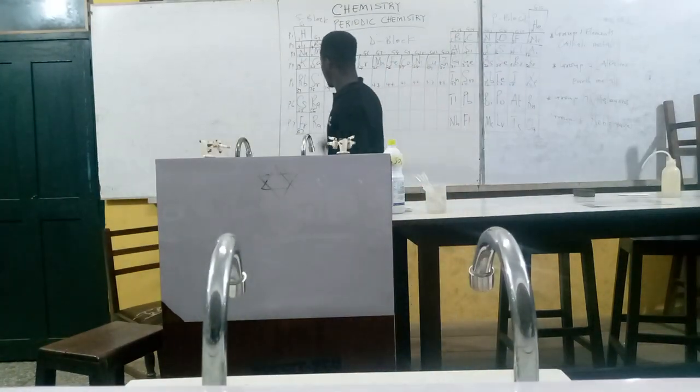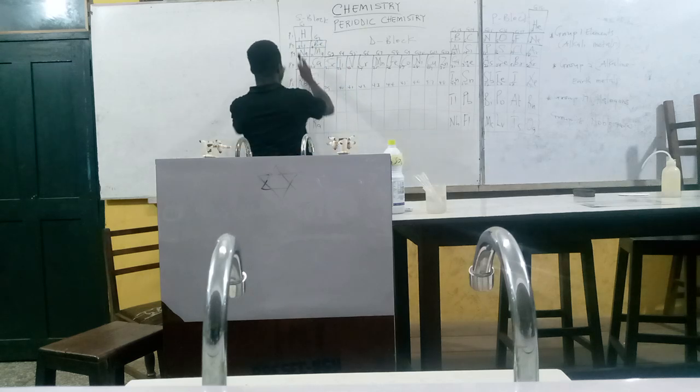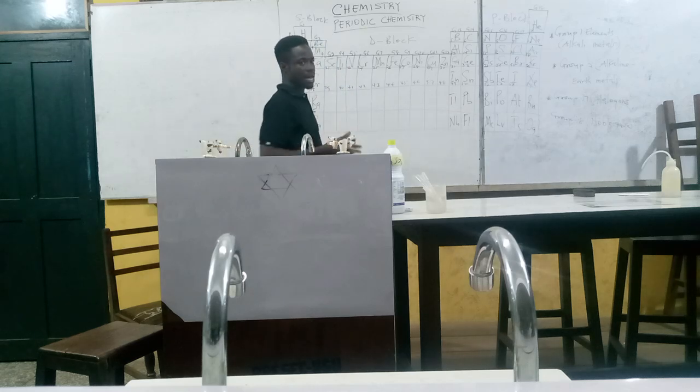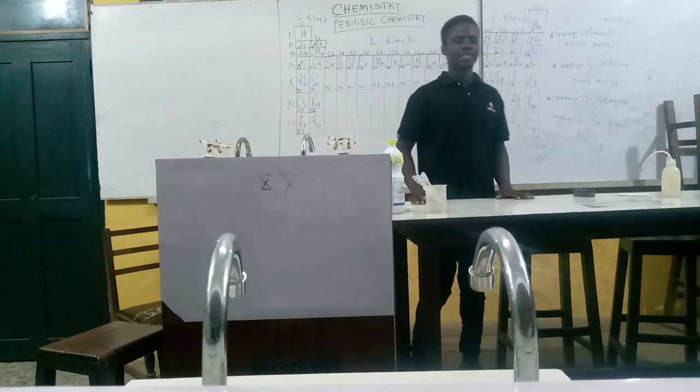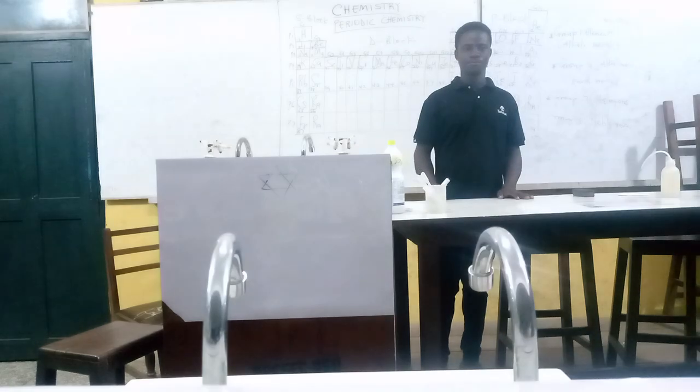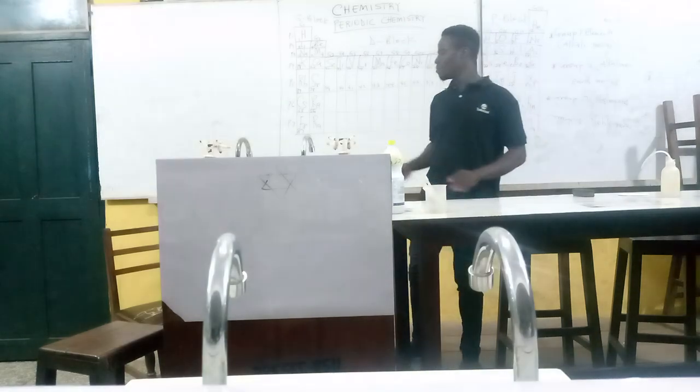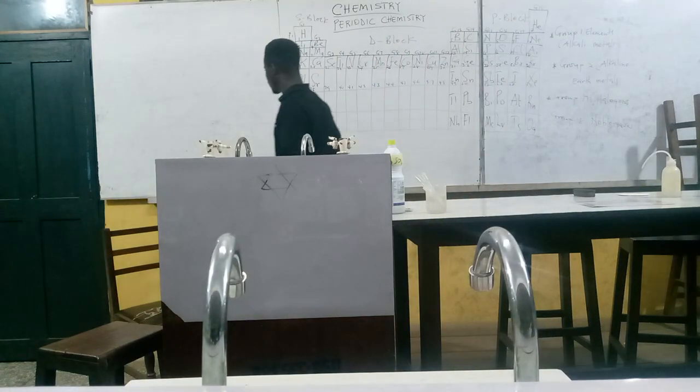Now when you pick these alkali metals, they are very reactive. So one of the characteristics of these alkali metals on the periodic table is that they are very reactive. So these alkali metals can react with some reactive metals.